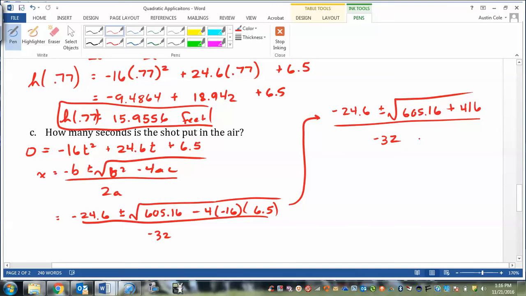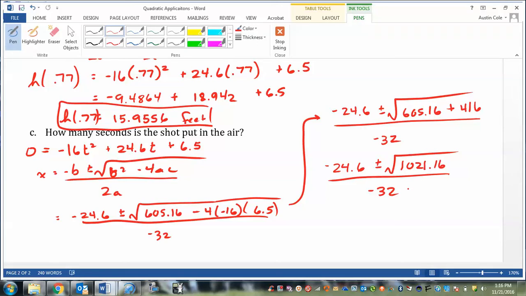Okay, I can add those two together, so negative 24.6 plus or minus the square root of 1021.16, all divided by negative 32. Okay, now let's understand something.